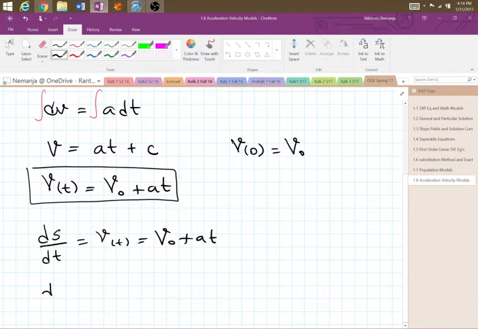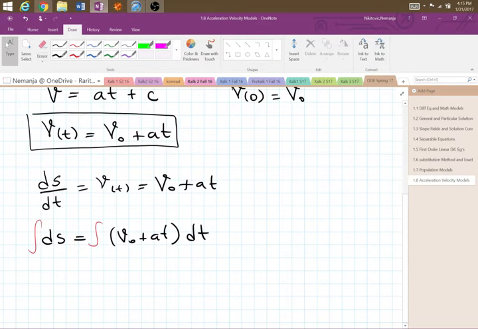We are going to again separate variables, leave s, which is the position, on the left hand side, and move time to the other side. We have v0 plus at, everything dt. Again, we integrate both sides, and we get that s of t is equal to v0t plus at squared over 2 plus some constant c.